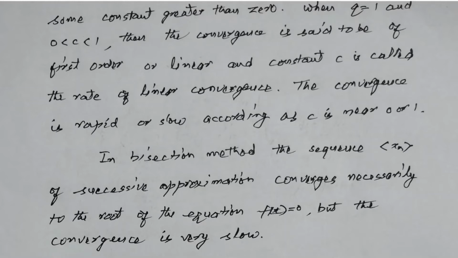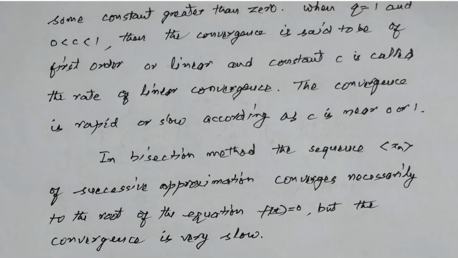The convergence is rapid or slow according as c is near to 0 or 1. This means the convergence is rapid when c is near to 0.